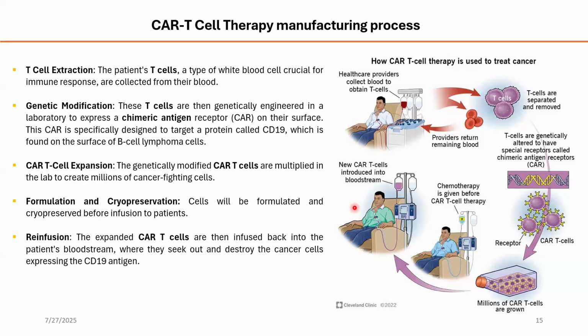I'm sorry, I don't get the question. Normally you do the chemotherapy, and after the chemotherapy the new CAR T cells are introduced. So what do you mean, a new patient? My question is, the final patient at the last stage who receives the CAR T cells into their bloodstream, assuming the healthcare providers take the blood and obtain T cells again.